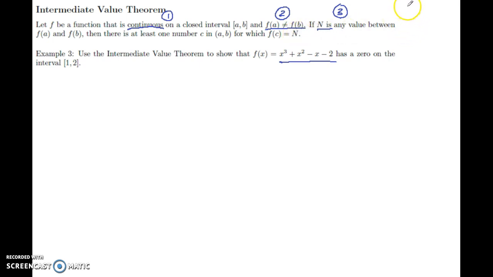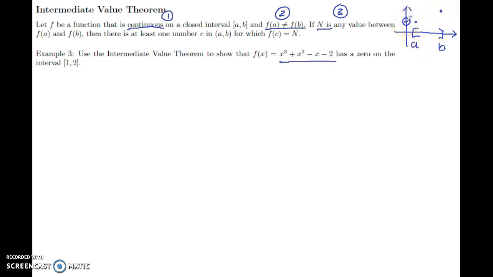So let's try to understand the theorem using a graph. We have the closed interval [a, b] right here on the x-axis. We have f of a right here. f of b must be different from f of a, so we can choose randomly this point.